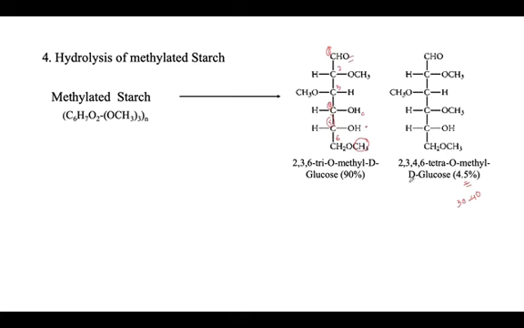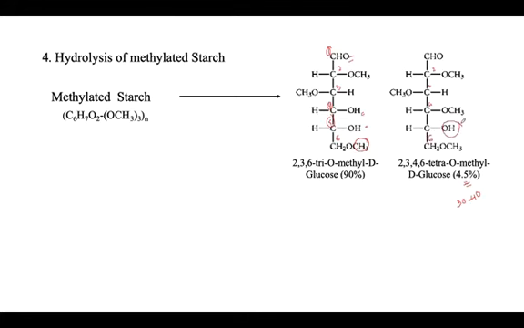that indicates that in at least one of the end glucose molecules, the methoxy groups are present at carbon 2, carbon 3, carbon 4 and carbon 6. They are free methoxy groups and they remain free.